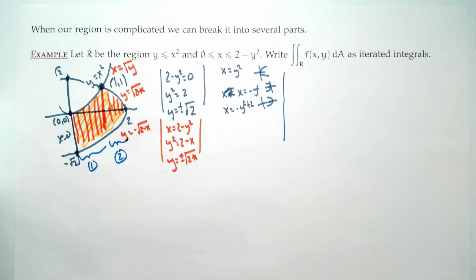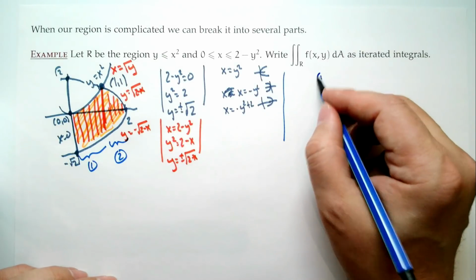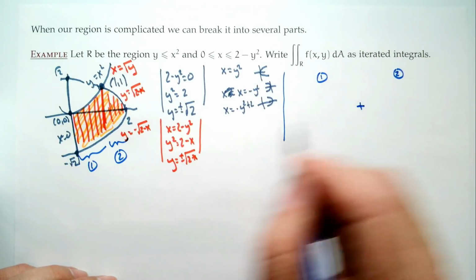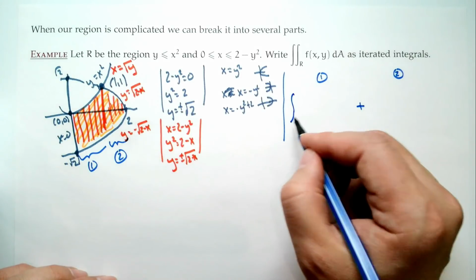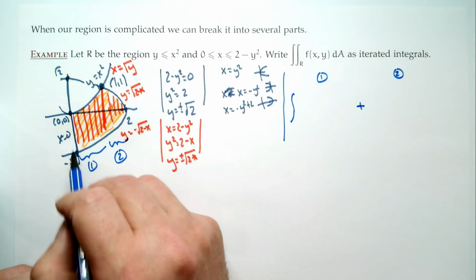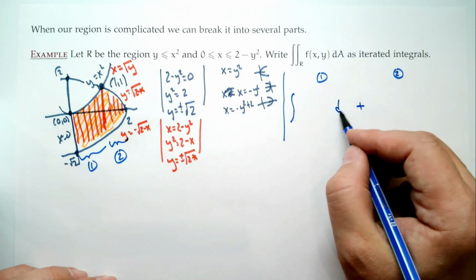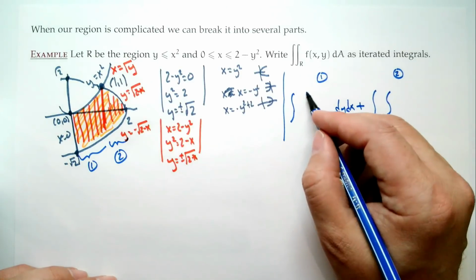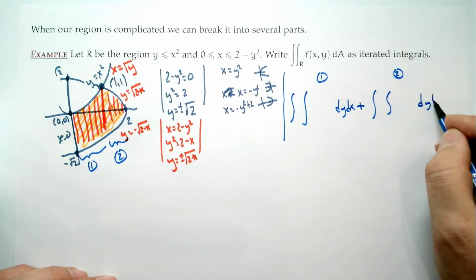Okay, so let's talk about our integrals. We're going to have integral 1 and then integral 2, and then we're just going to add the results together. For the first integral, where do we start slicing? Because this is a dy dx type integral, f of x y, dy dx.